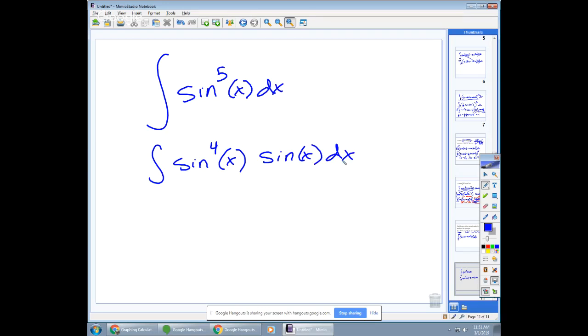And then guess what I would do next? Use an identity to convert those sines to cosines, because once I have cosines, I have du sitting over there if I let u be the cosine. For example, I know that sine squared is equal to 1 minus cosine squared.